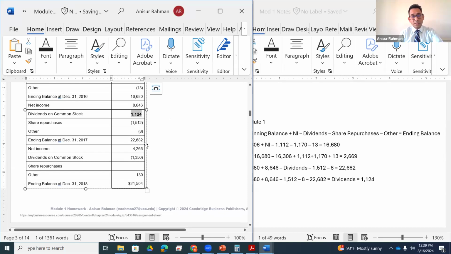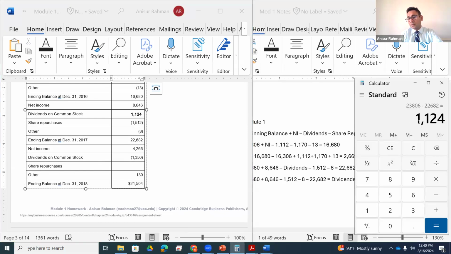Moving on to the next, we have to solve for share repurchase. Again, we are going to use the same equation, but one more thing I would like to emphasize here. So our dividends is 1,124.